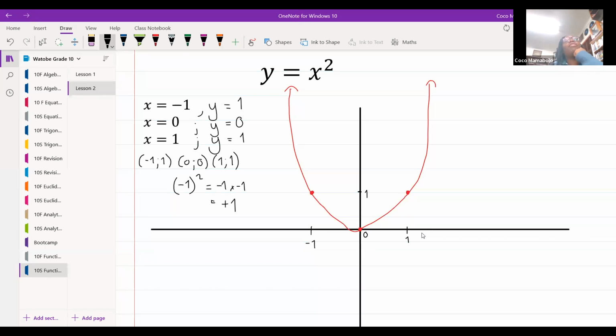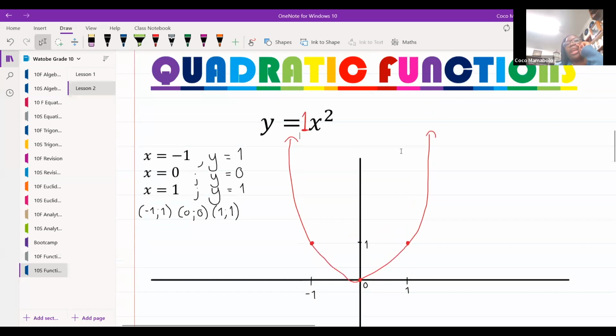All right, so this is my graph of y is equal to x squared. Now a couple of things have happened over here. If I've got y is equal to x squared, there's actually an invisible 1 right here in front of my x squared. It's also a positive 1.